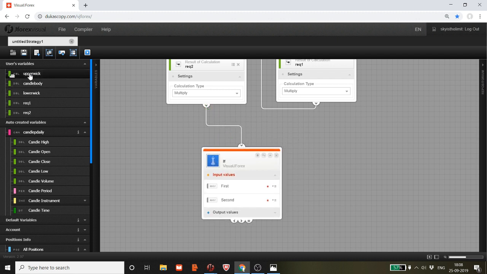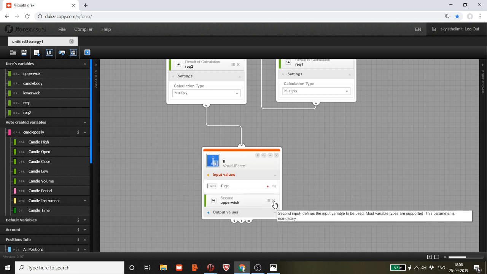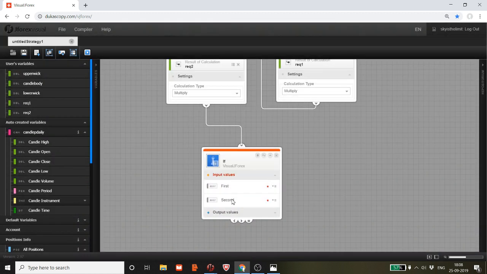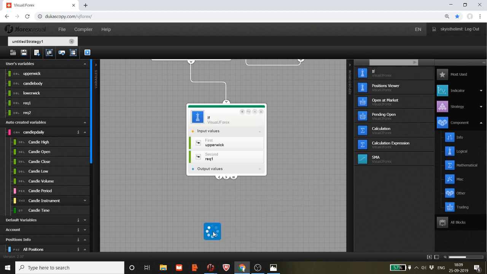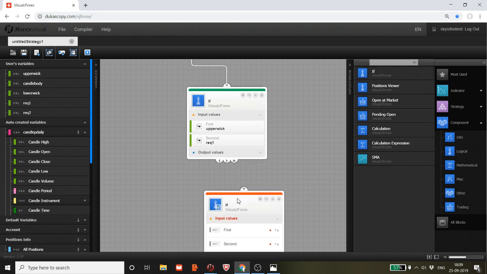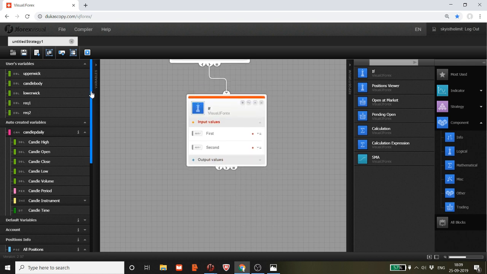So here upper wick should be greater than the requirement 1, and upper wick also should be greater than requirement 2.